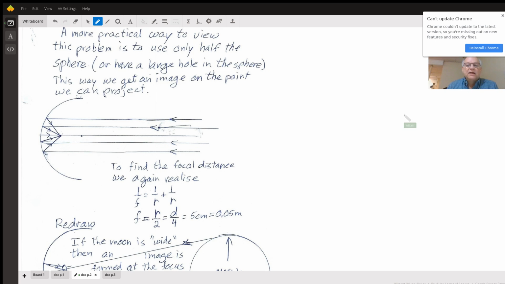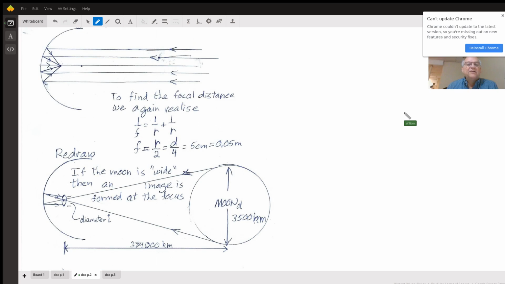And again, 1 over F is equal to 1 over R plus 1 over R if you put an object at the radius of curvature. The focal length is then d over 4, or 0.05 meters. That's a way to get the properties of the focal length of the reflective surface without actually knowing it to begin with.